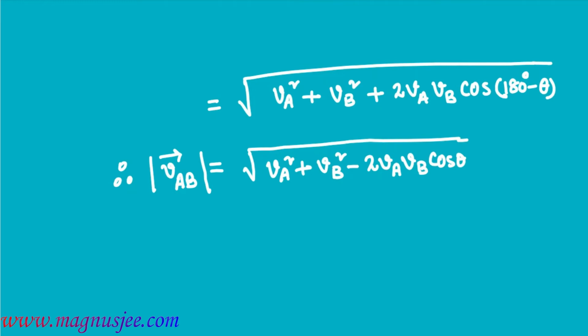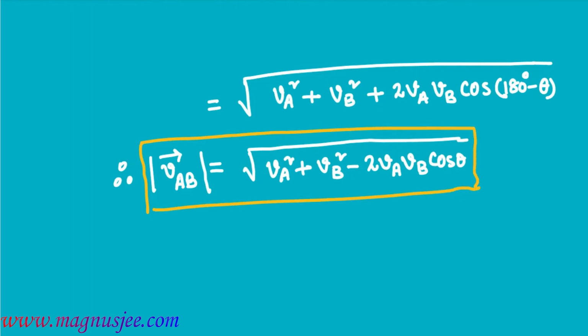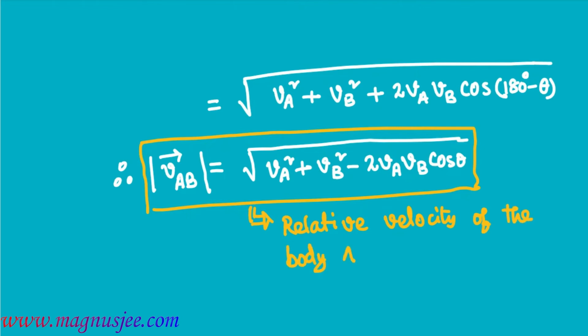So we get minus 2 VA VB cos theta. This is the relative velocity of the body A with respect to the body B.